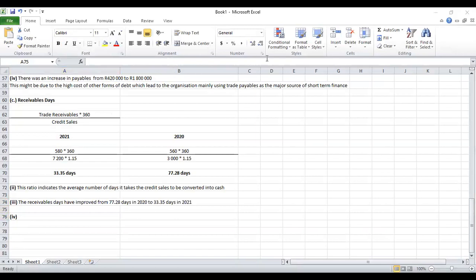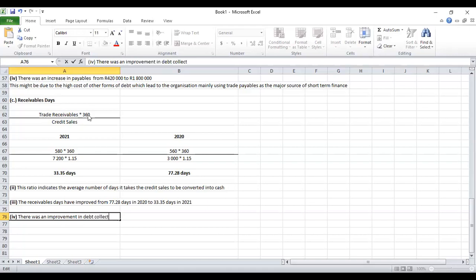So we're going to say maybe there was an improvement in debt collection policies. For example, vetting of credit customers, follow up on debts from customers.